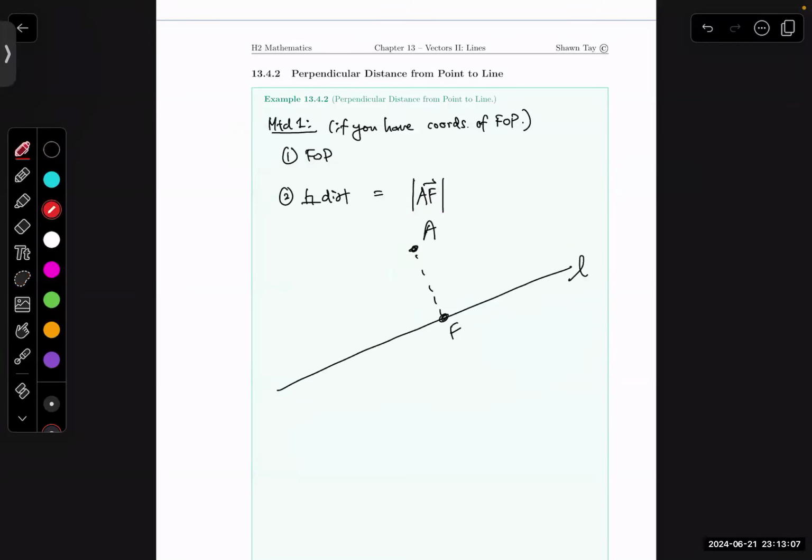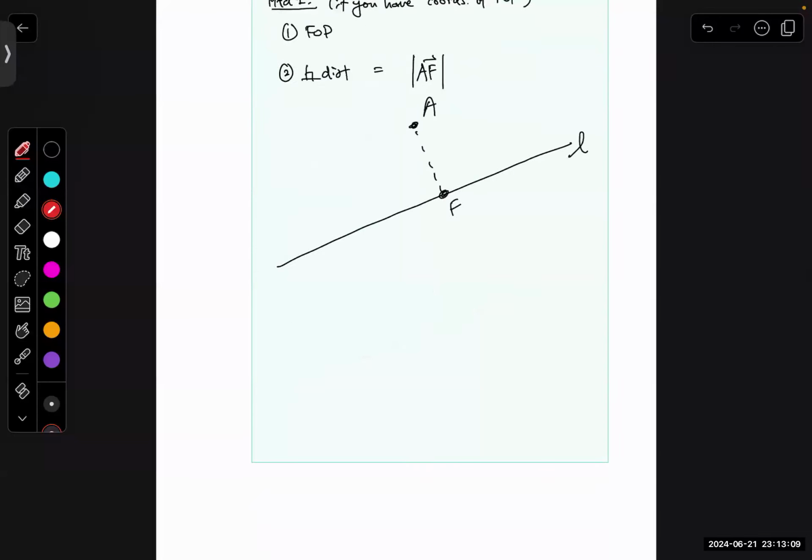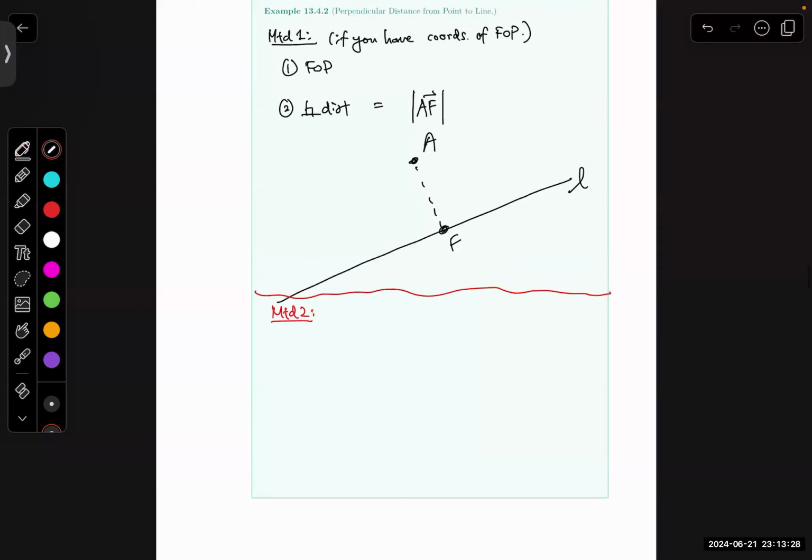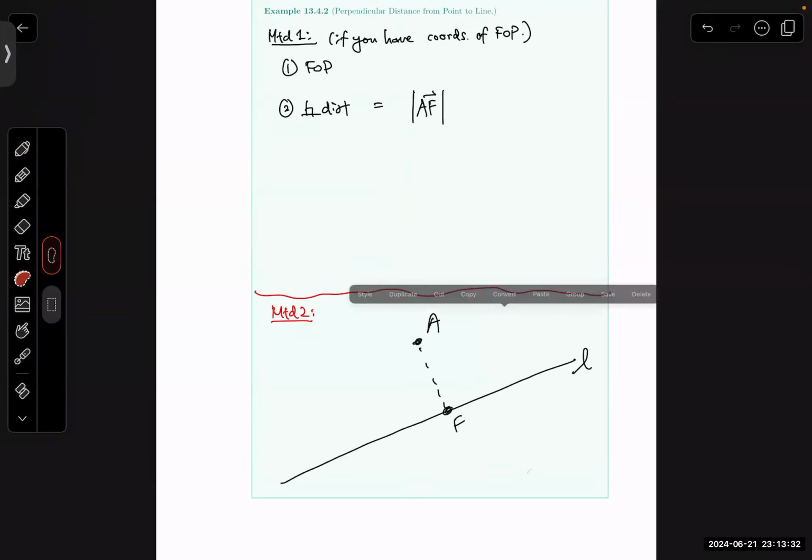Now, second method, maybe I just do in a different color. Let's say you don't have the foot of perpendicular. How can you find the perpendicular distance from A to line L? Let's just use this picture because I don't need a picture for the above one.